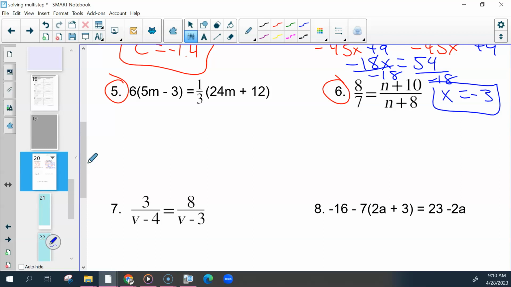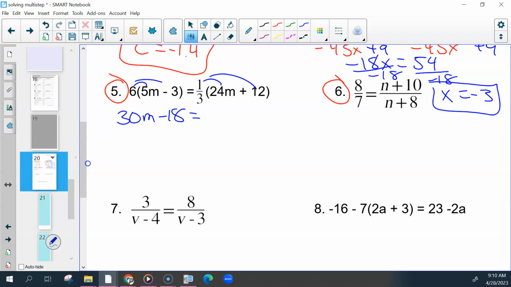Number 5. What would be our first step? Still distribute. Don't let the fraction fool you, confuse you. Still distribute like normal. This side will give us 30m minus 18. This side in your calculator, you could do 24 times 1/3 or 24 divided by 3.